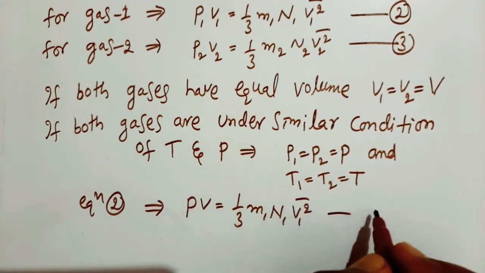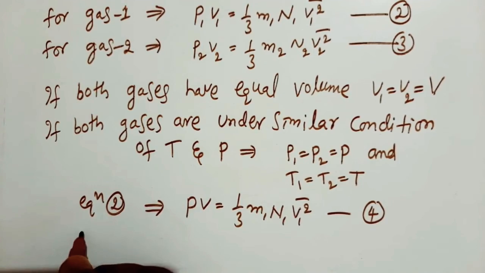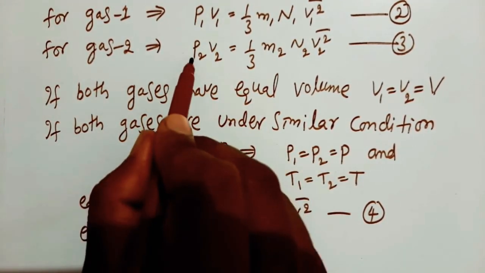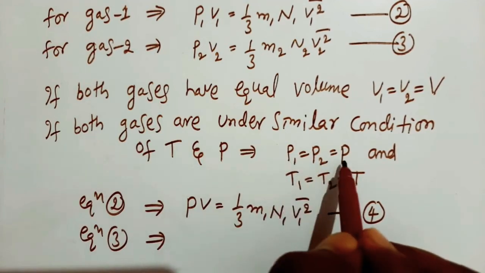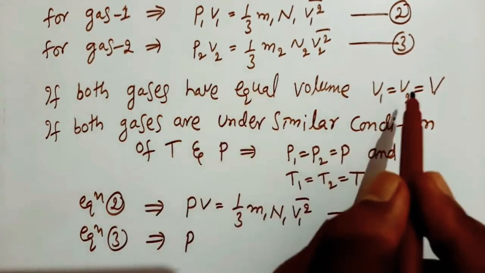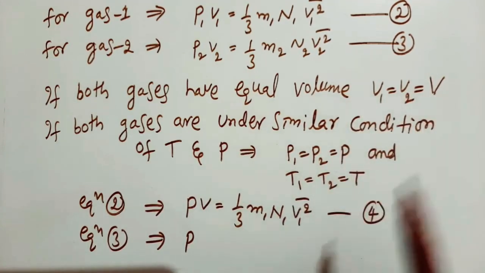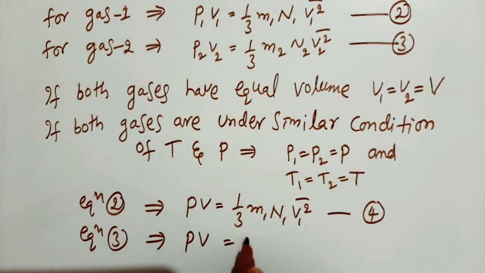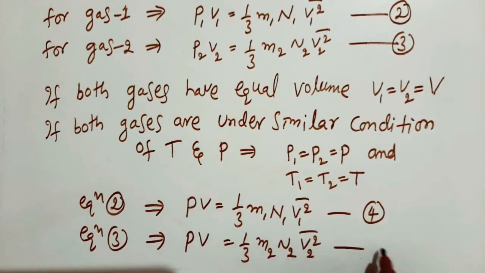Let us take this as the fourth equation. Equation 3 can be written as PV is equal to 1 by 3 m2 n2 V2 square bar. Let us take this as the fifth equation.